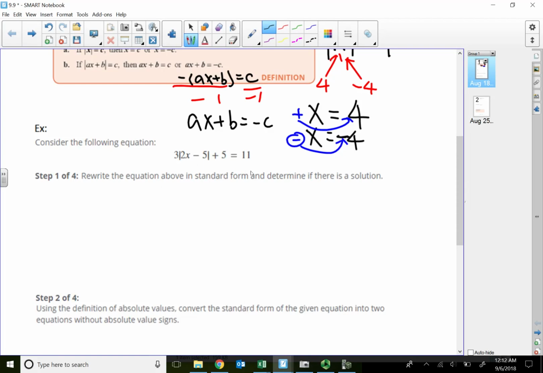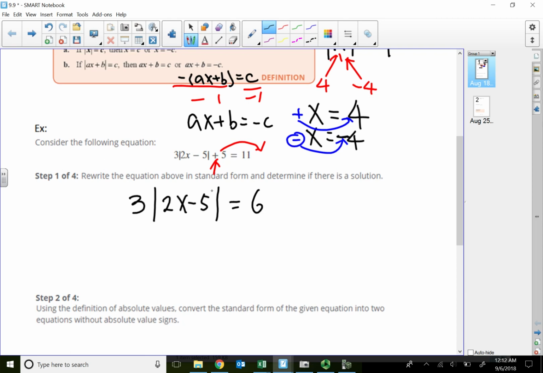So for this problem, the first thing I'm going to do, since the left side has 2 terms, right? My addition sign is outside the absolute value. I will move my positive 5 over. That will give me 3 times absolute value of 2x minus 5 is equal to 11 minus 5, which is 6.